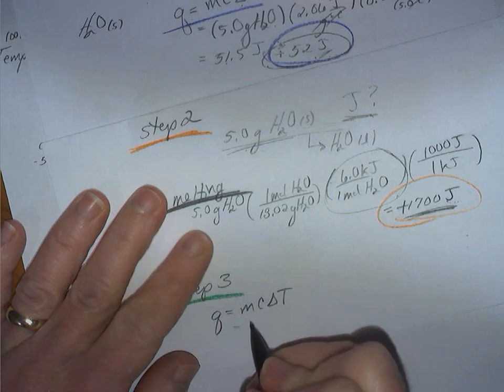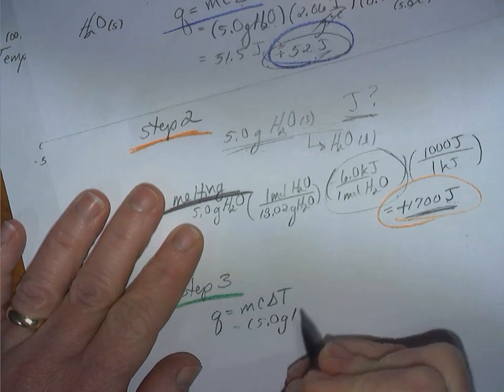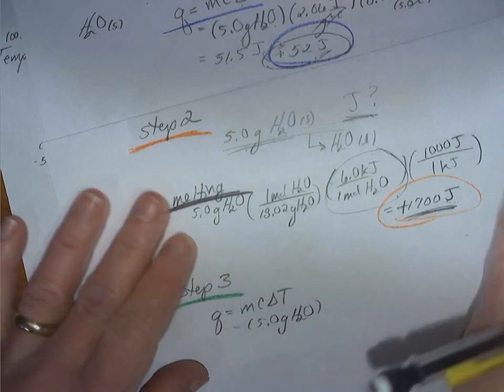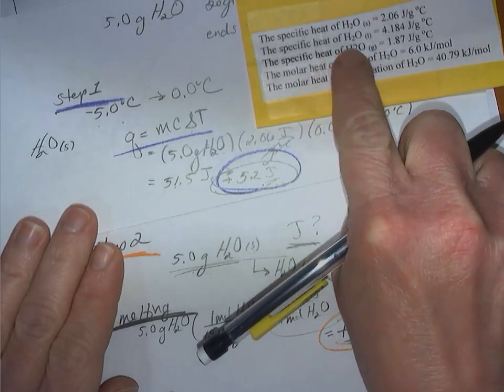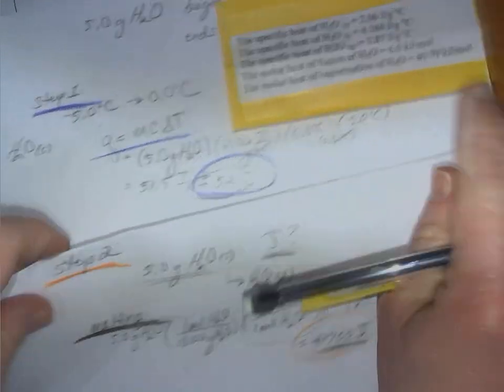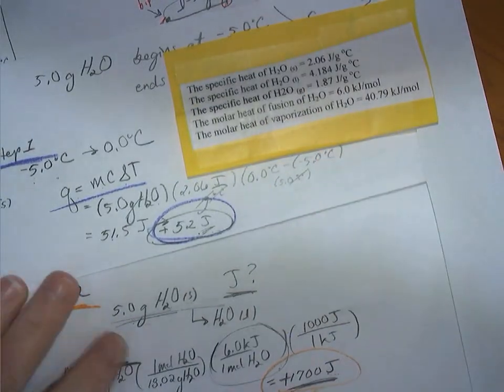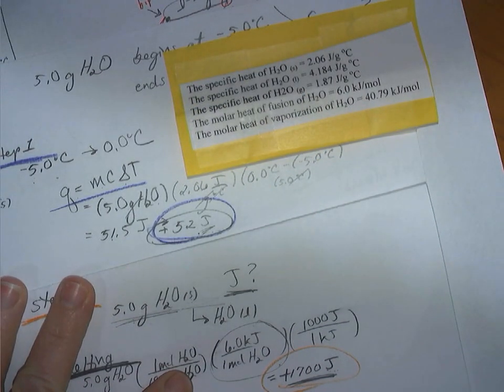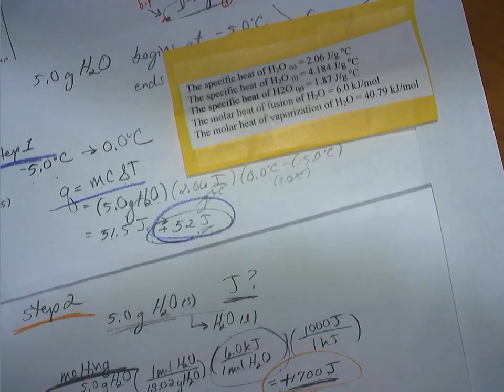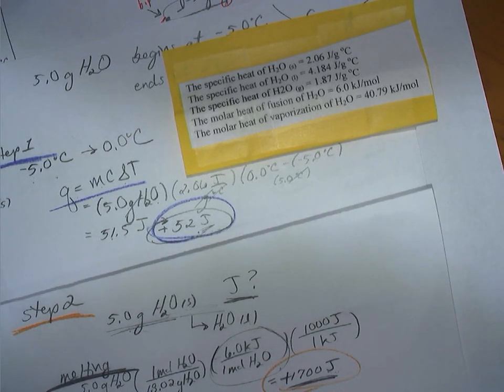All right, still have our 5 grams of water, but now it's all liquid. So we need the specific heat of liquid water, 4.184 joules per gram degrees Celsius. We are ending at 25, beginning at 0.